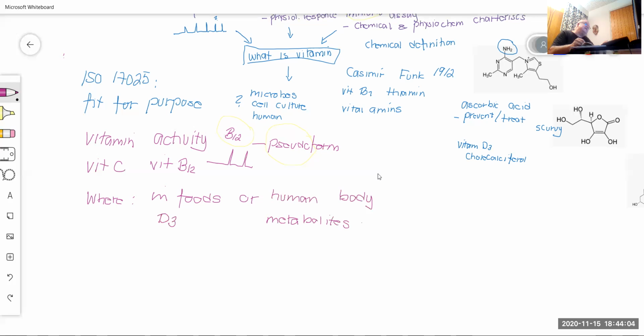And they are very often hydroxylated. One hydroxyl group, two hydroxyl groups, or something else. So now you're asking, what is the vitamin? In the food, it might be this form, but in your body, it has already been converted.